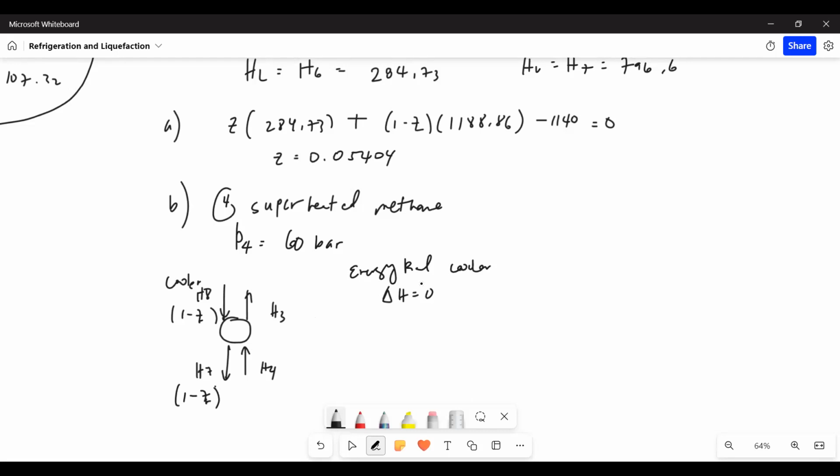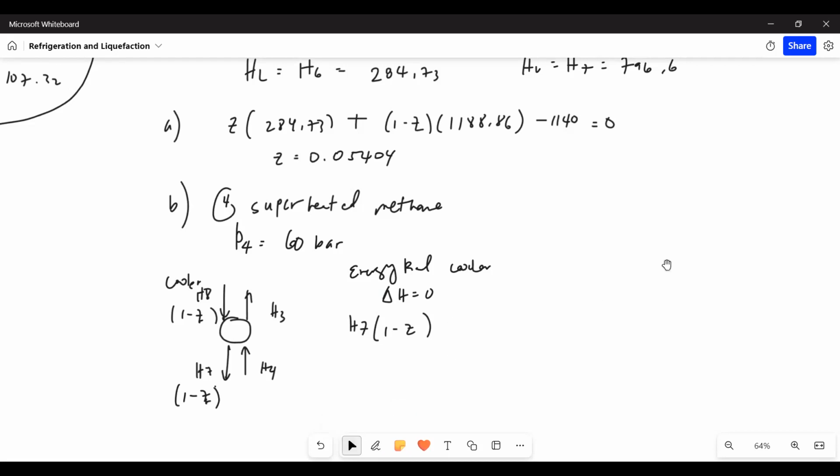In terms of enthalpy, the exiting streams would be H7, considering the mass fractions.